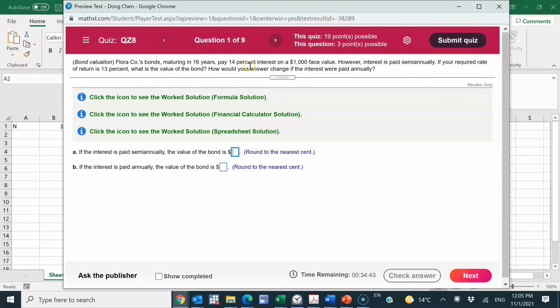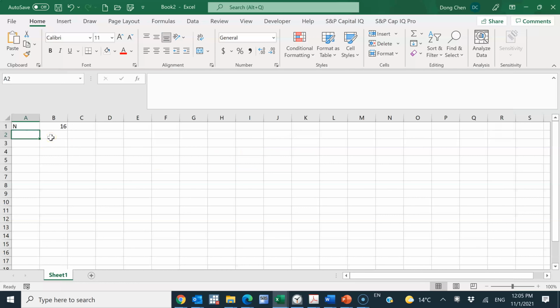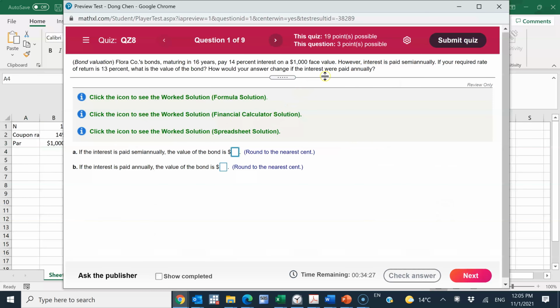So pay 14% interest. So this is my coupon rate. Coupon rate is 14%. And par is 1,000. And the interest is paid semi-annually.